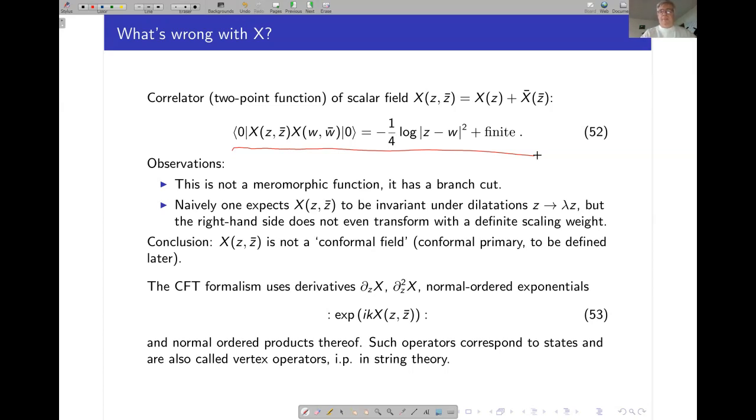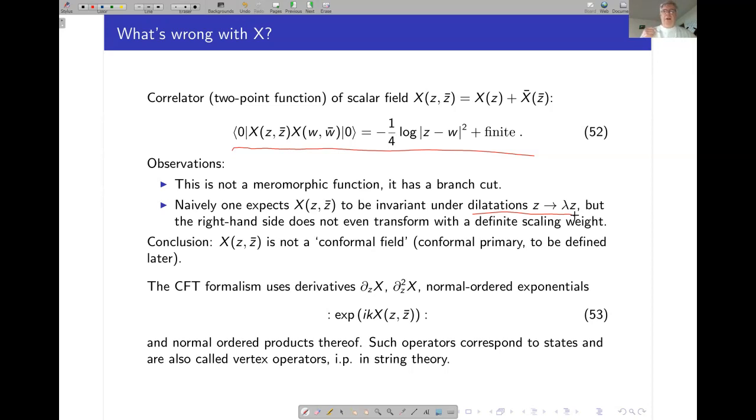Namely, consider what happens if you make a dilatation, a rescaling of z by a real factor. The scalar field x naively has weight 0, so it should be invariant under such rescalings. But if you make the rescaling on the right-hand side, because of the properties of the logarithms, you will see that the right-hand side transforms with a shift.